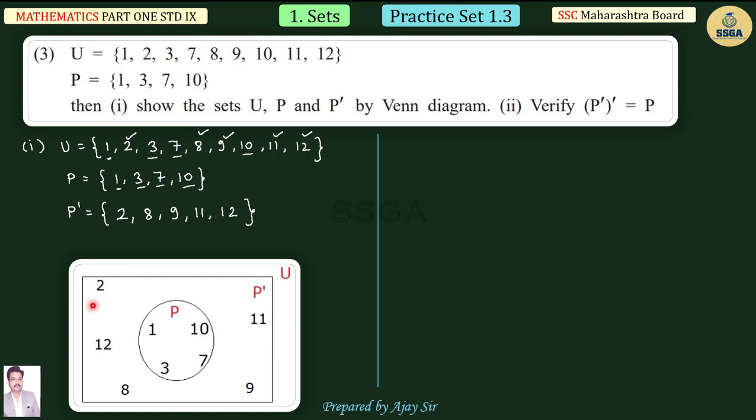So these elements remaining outside are called P complement. The total square or rectangle we are using is used to represent the universal set. So this is the first part, student, to represent the given set by a Venn diagram. Now let us start the second question.